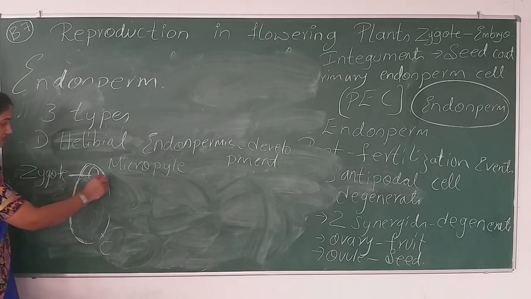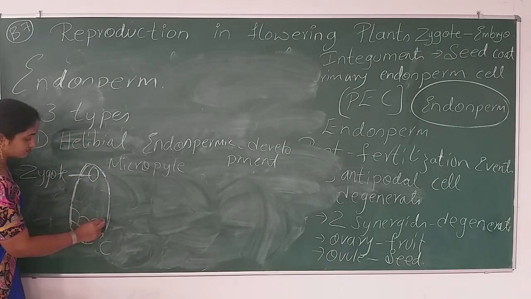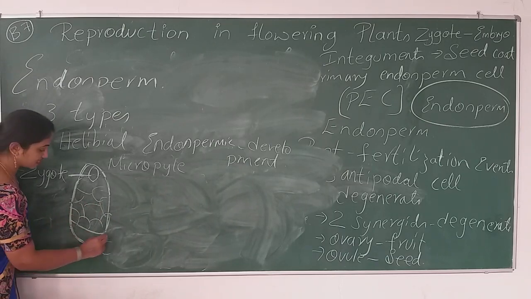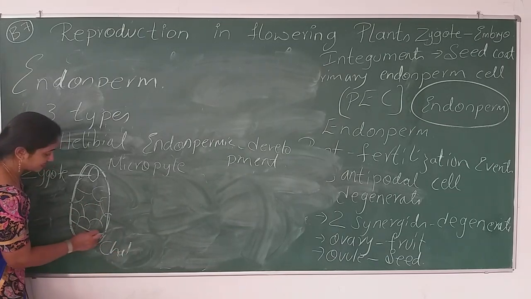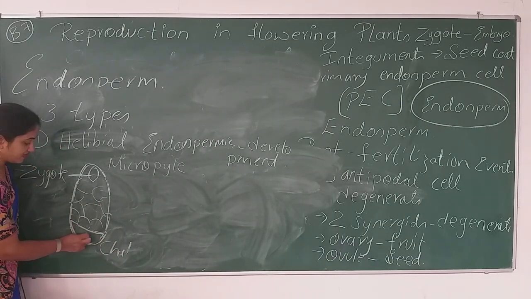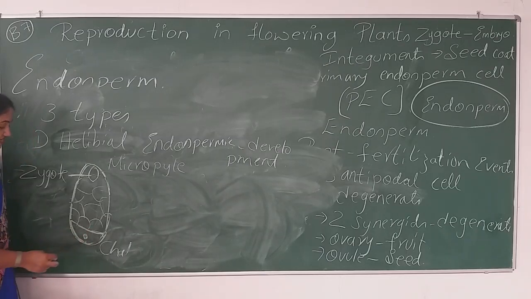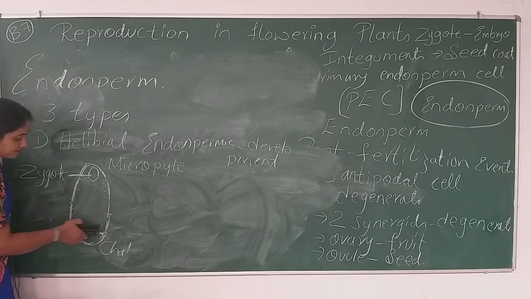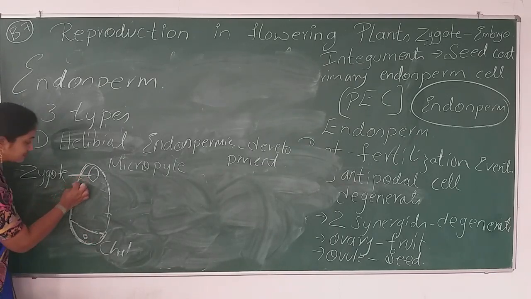It means half of the endosperm will divide in the form of cellular endospermic development, and the part towards the chalazal end won't divide at all. I'll change it a little bit here. So this is the embryo sac.